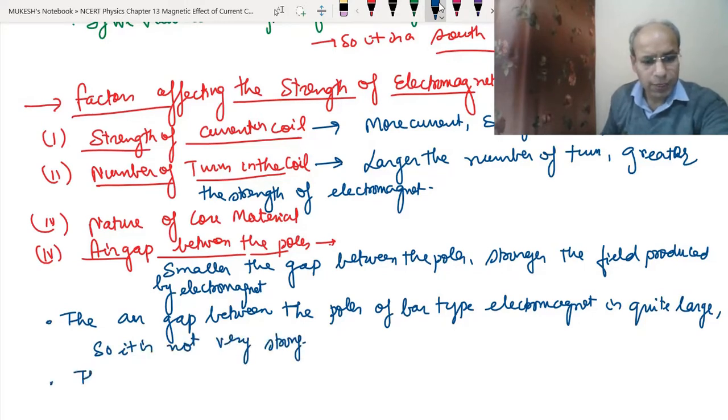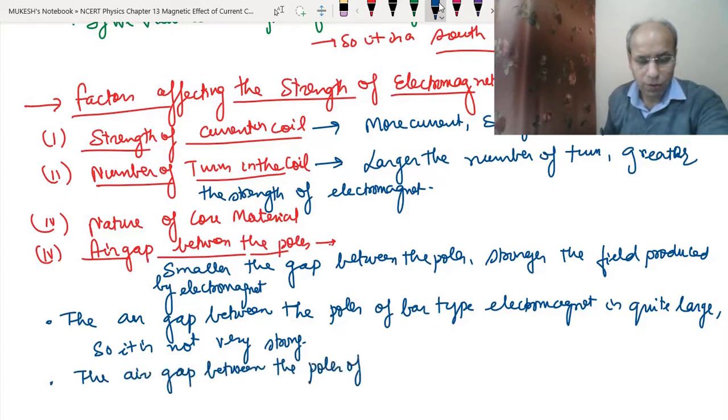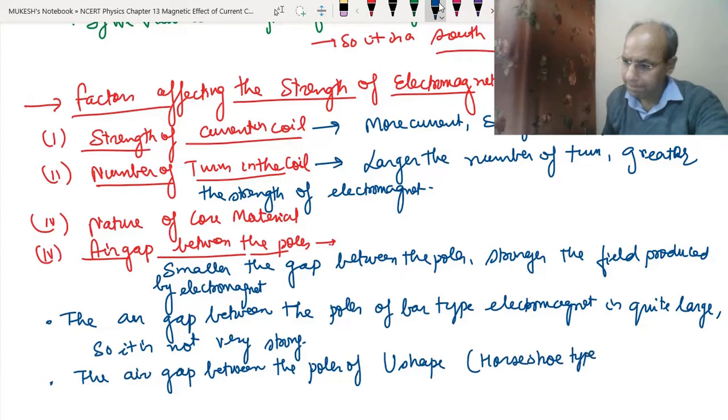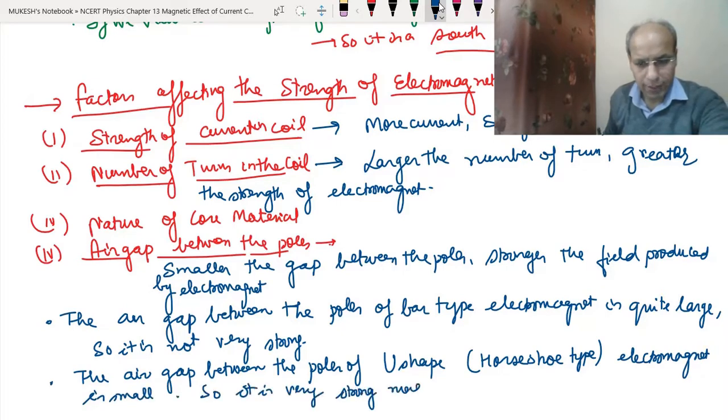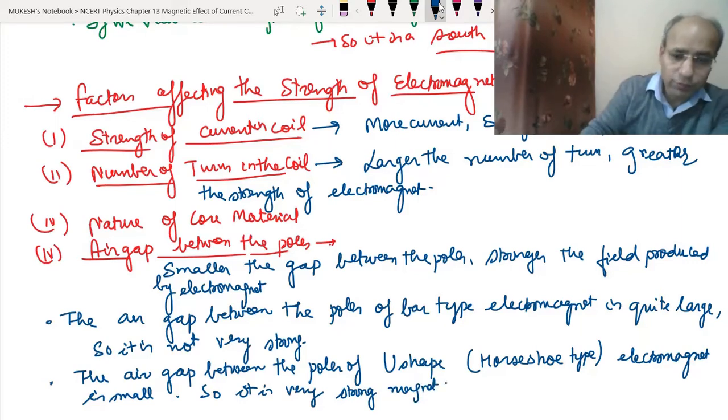The air gap between the poles of a U shape, or you can say horseshoe type electromagnet, is small, so it is a very strong magnet. Okay, I hope this is clear to you.